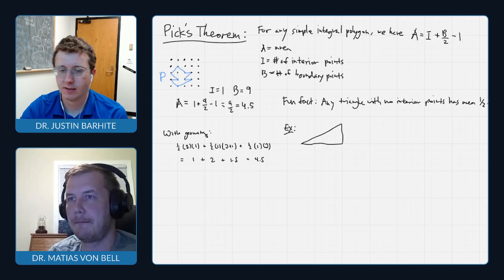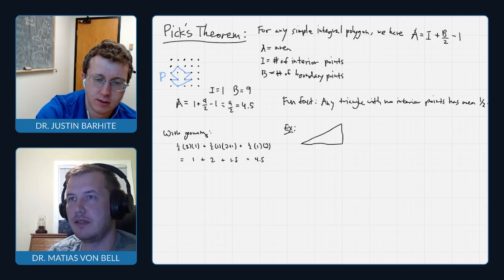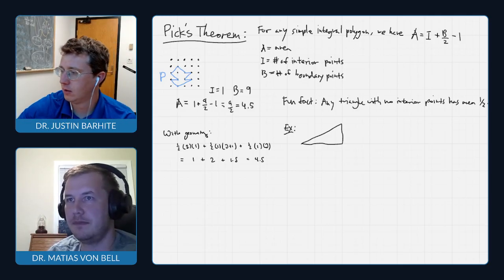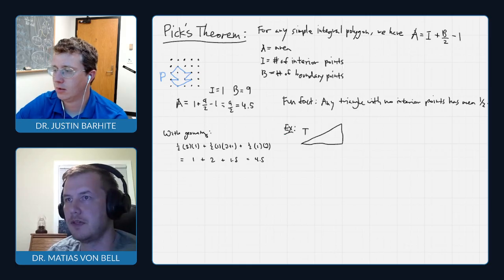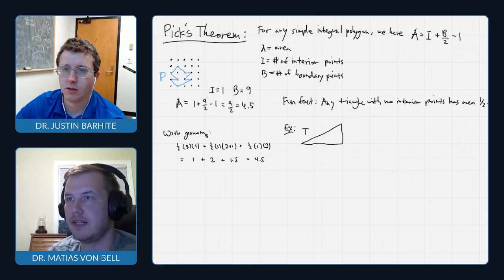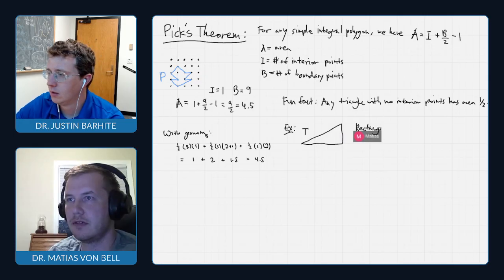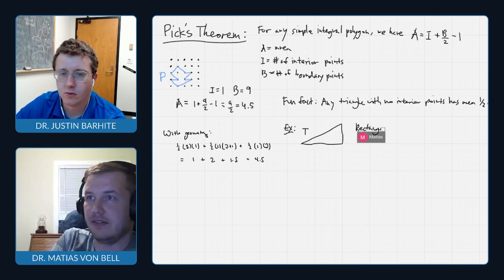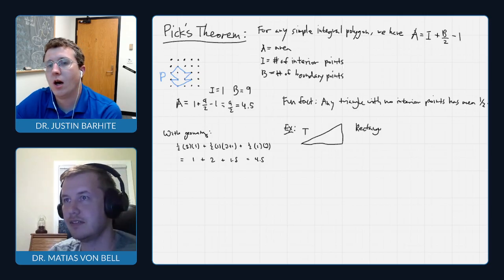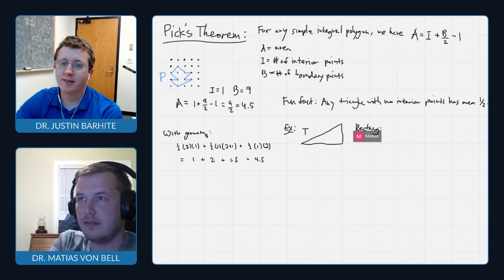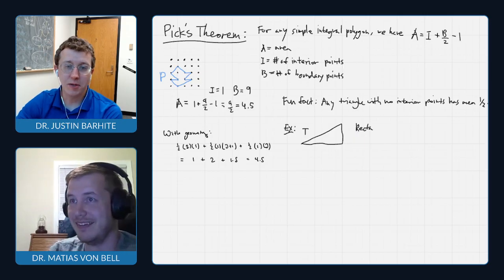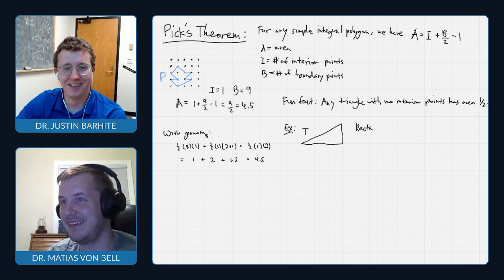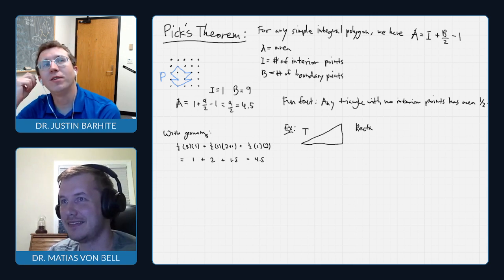So here is a triangle T. This is a rectangular triangle. Do you know what a rectangular triangle is? Any guesses? Well, based on the word rect-angle meaning right angle. Ah, well, we have a good name for that. That's a right triangle. So does this mean something different?